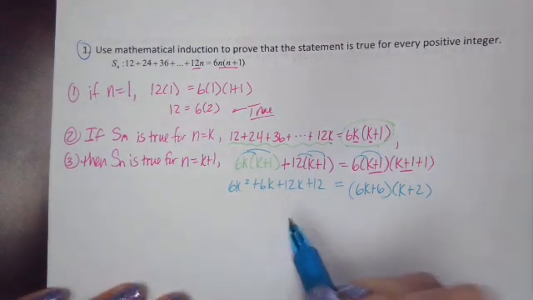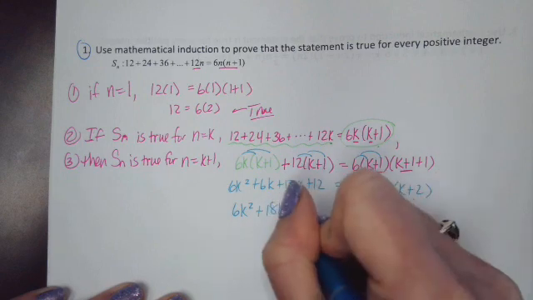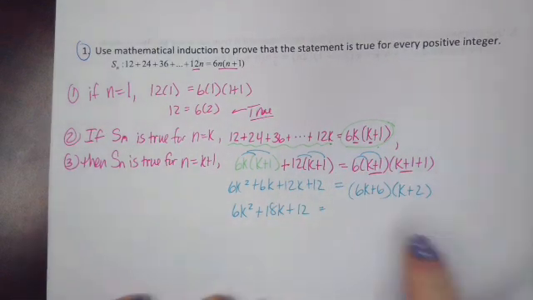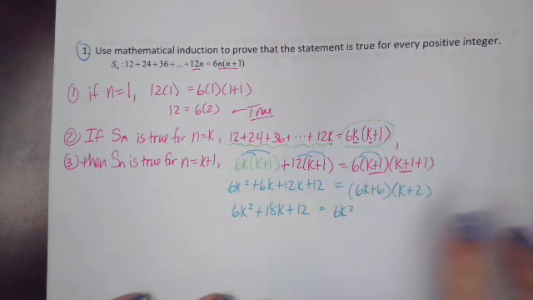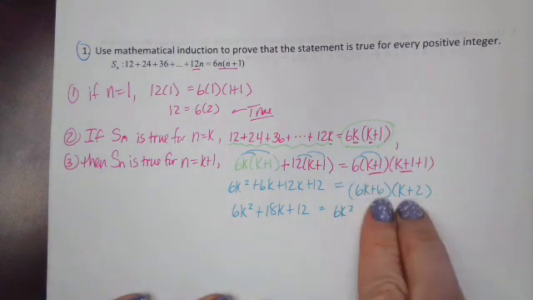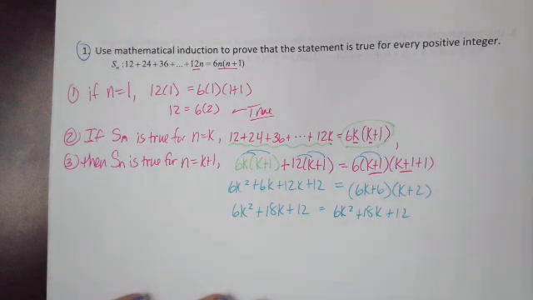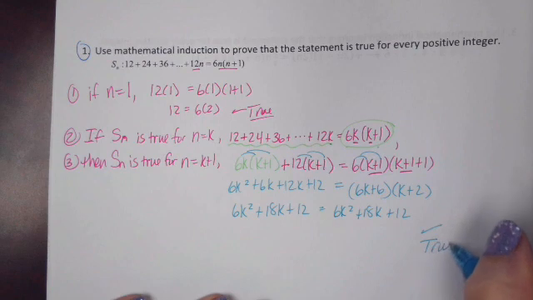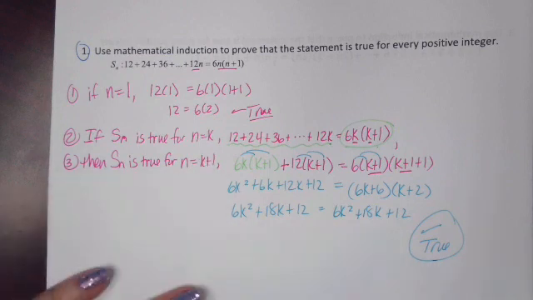So on the left, combining like terms, 6k squared plus 18k plus 12. On the right, I'm going to FOIL. Well, 6k squared, my outside product is 12, my inside product is 6k, so that's 18k, and 6 times 2 is 12. And we have proven that it's true because it works for that next term, k plus 1.